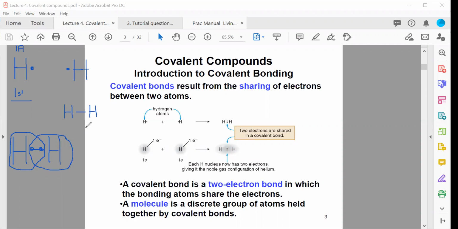So this single line represents a single covalent bond, and you assume correctly that that bond is made up of 2 shared valence electrons, 1 coming from 1 atom and 1 coming from the other atom. Keep in mind that those electrons are not being transferred, different to ionic bonding.